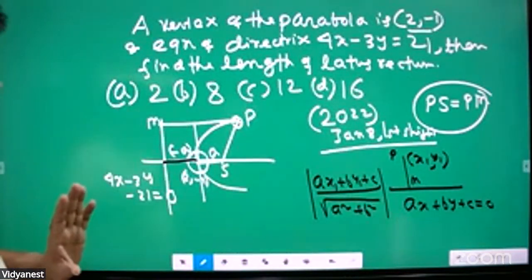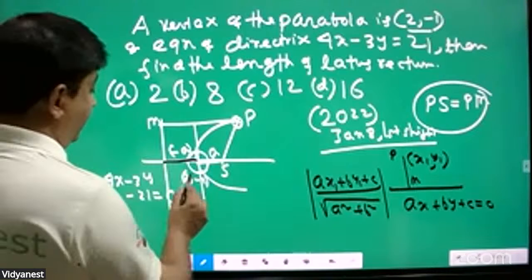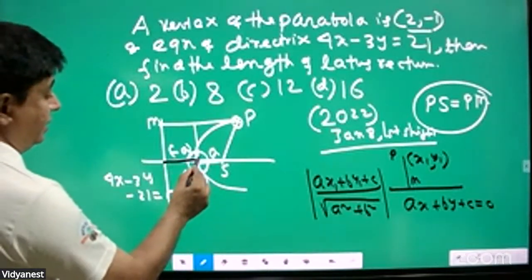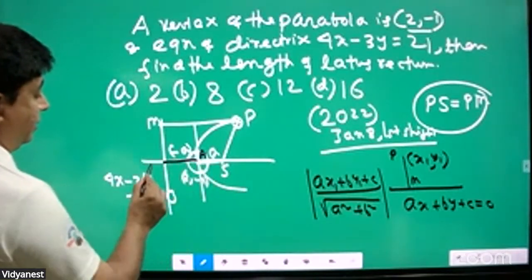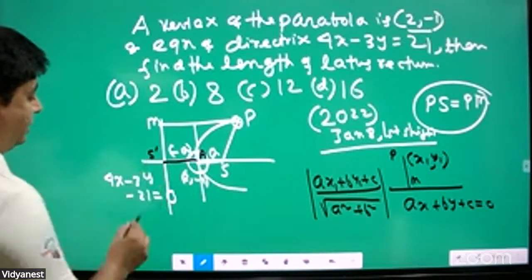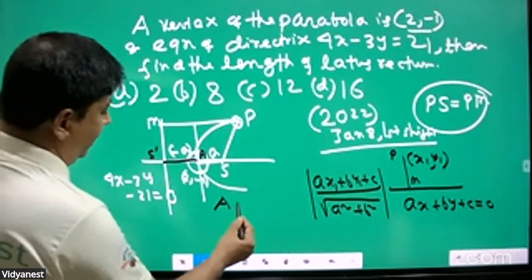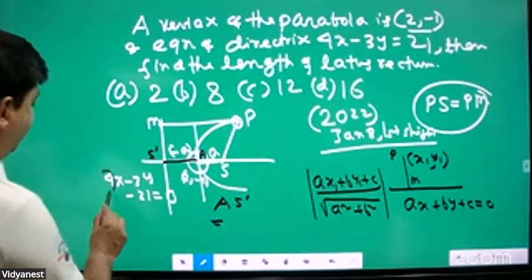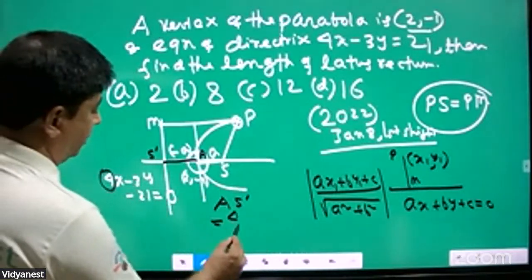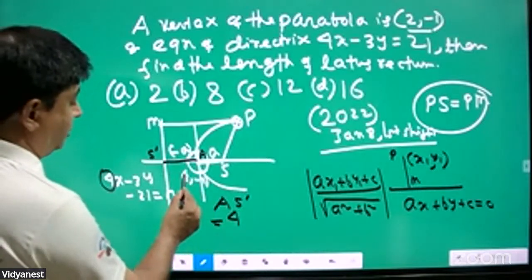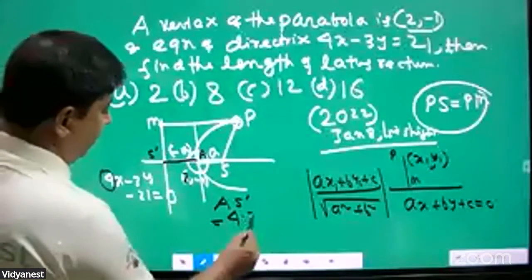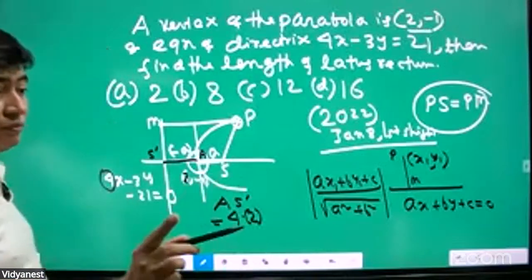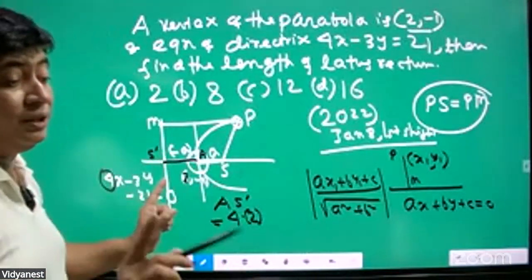Hope you can remember. So here, this is A, this is any point S dash. A S dash. A x1. What is a? 4 is a. What is the x component of this point? 2. Are you getting? If you don't get, don't hesitate to ask.